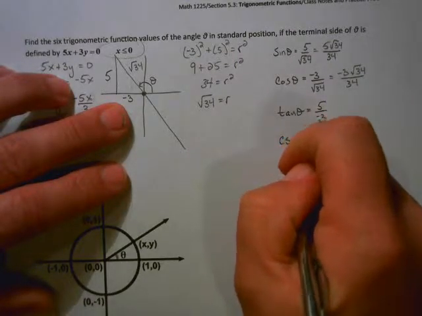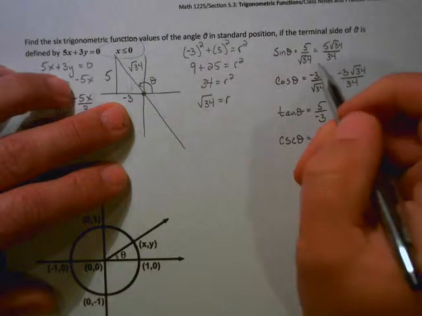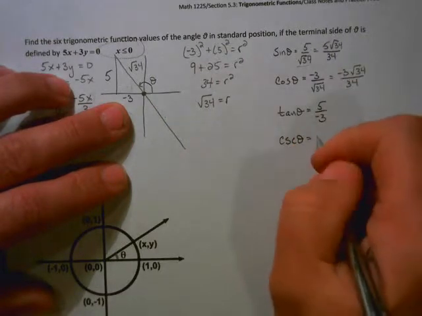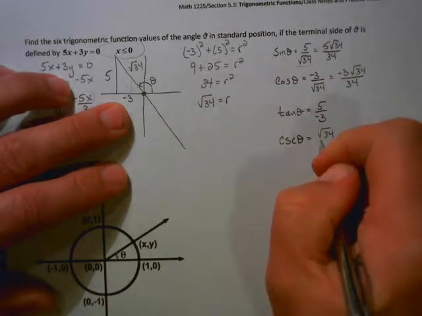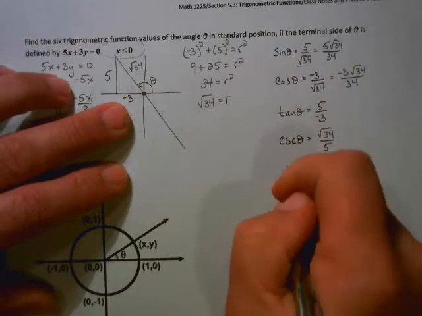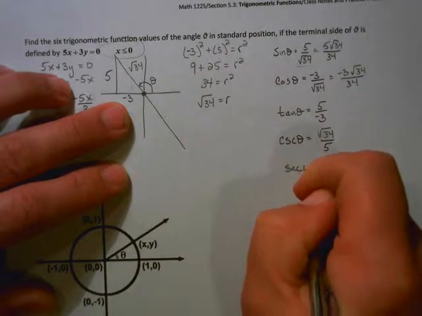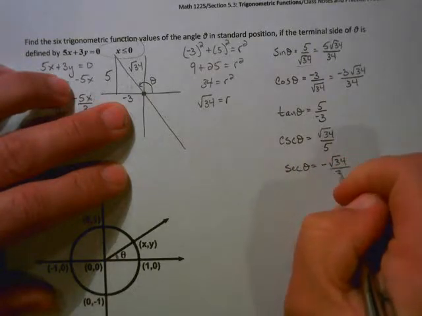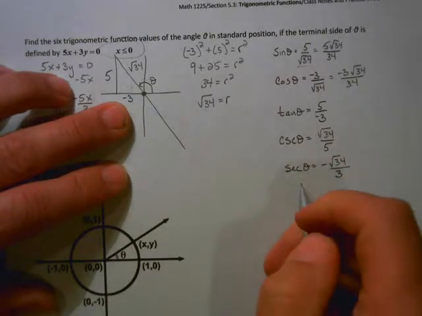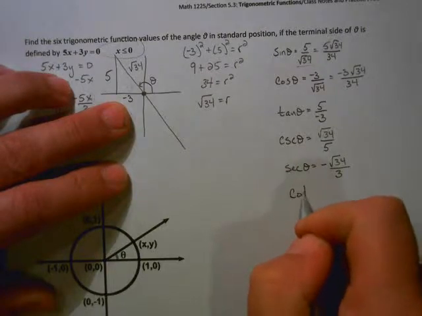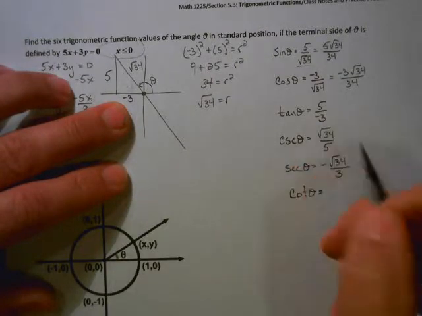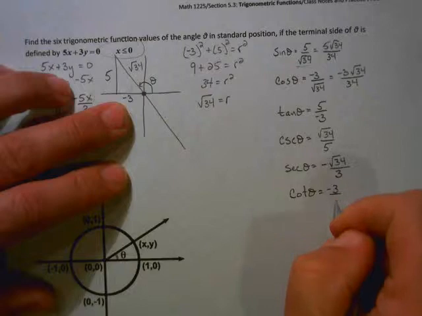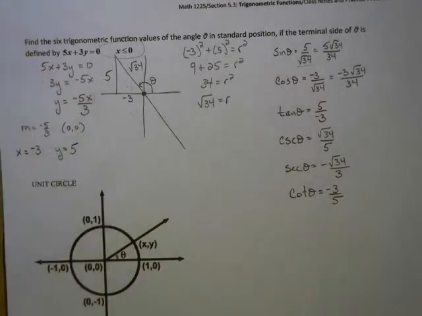The cosecant theta is the reciprocal of sine, so I'm going to flip it here. Square root of 34 over 5. Secant theta is the reciprocal of cosine, so negative square root of 34 over 3. And cotangent theta is the reciprocal of tangent, so negative 3/5.